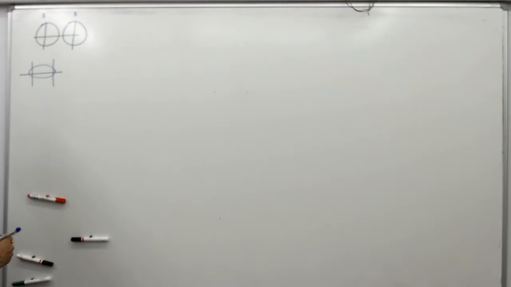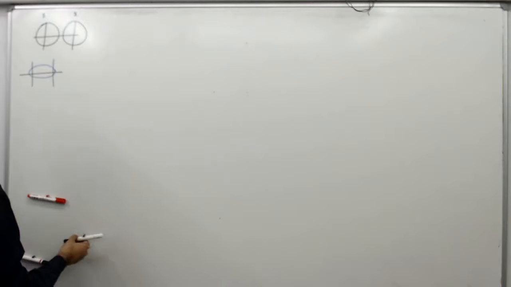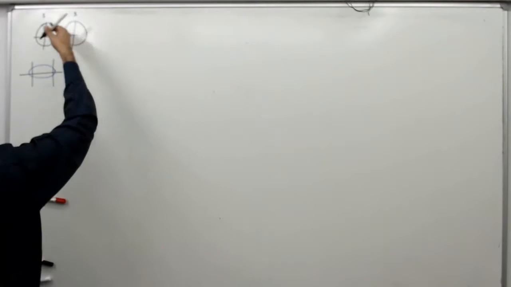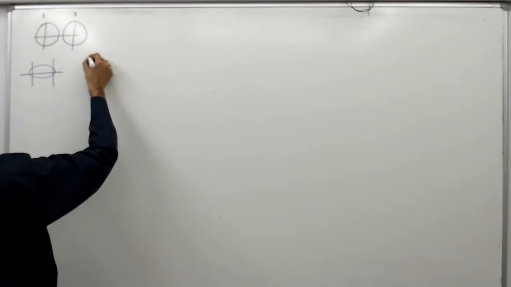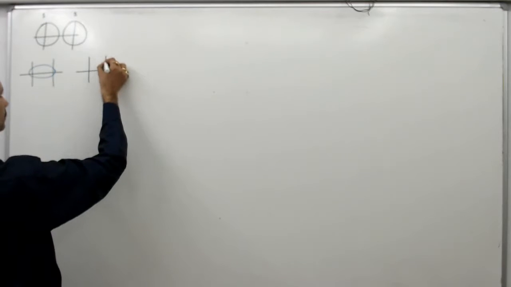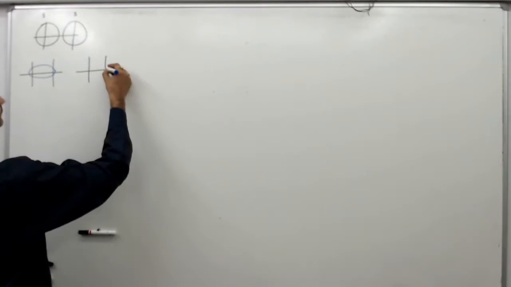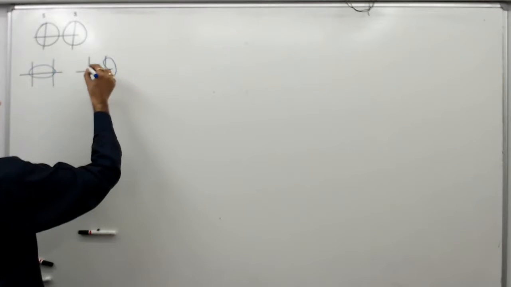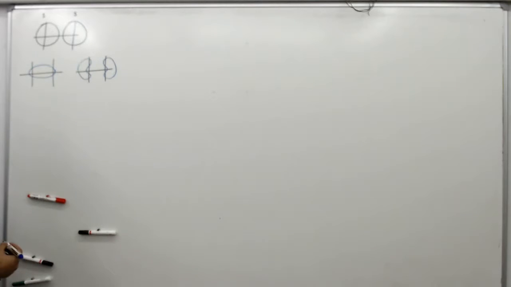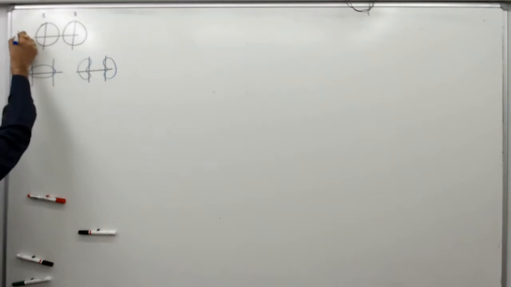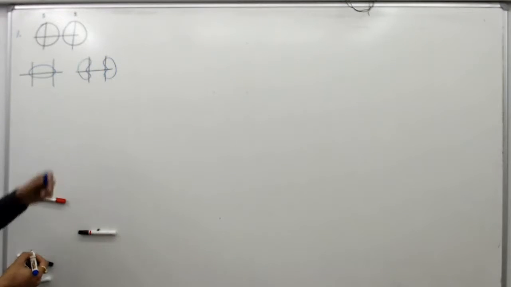And then if we talk about the overlap of these parts which are behind the nuclei, the overlap would go like this. So this is the overlap of 1s with 1s or s with s. 2s overlap is also going to be the same. It's not going to be different anyway.